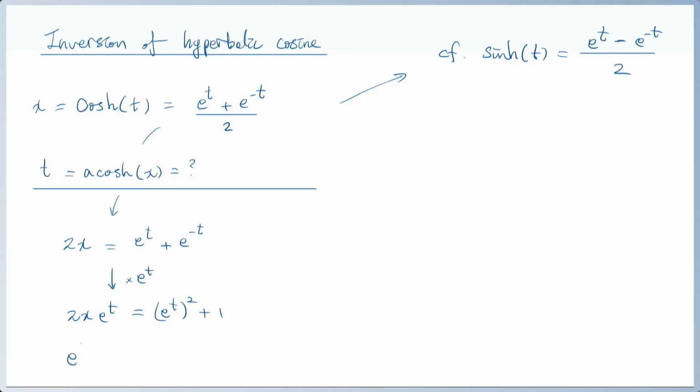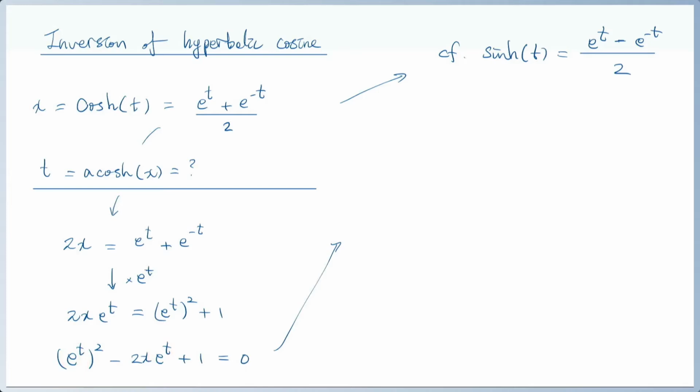So I get e to the t squared minus 2x e to the t plus 1 equals 0. Okay, so you can introduce a variable capital T, say, then this is quadratic in capital T: T squared minus 2x times T plus 1 equals 0.